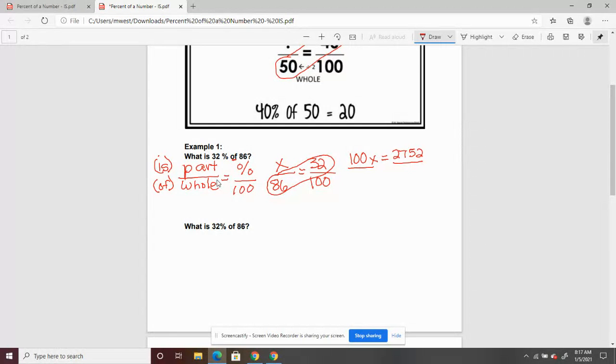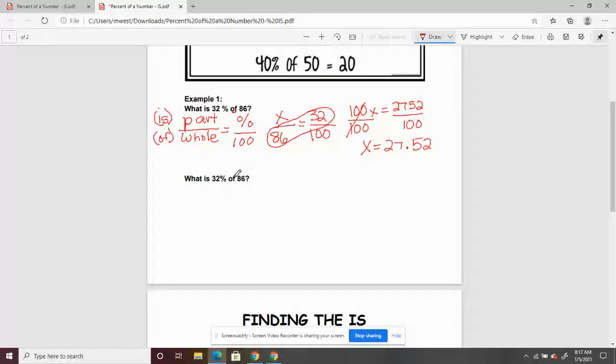Our objective in the one-step equation is to isolate the x. So we're going to divide by 100 to get rid of those. That leaves x by itself because these cancel out. So we have x is equal to 27.52.